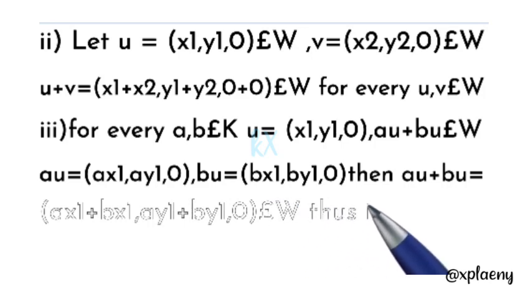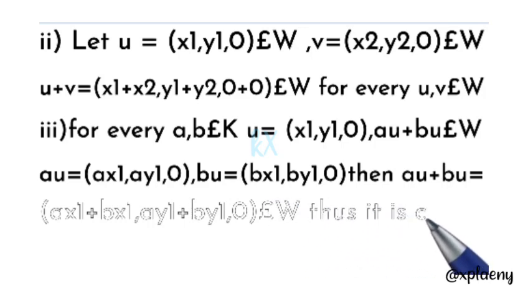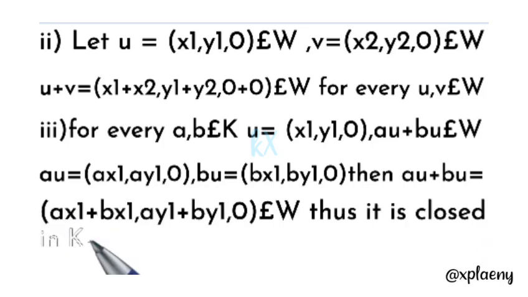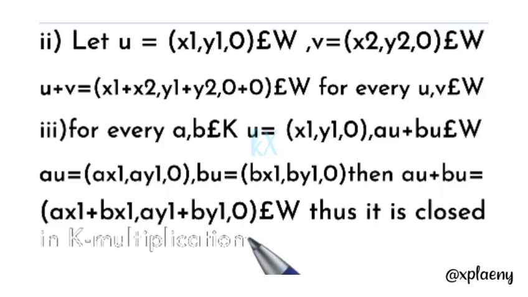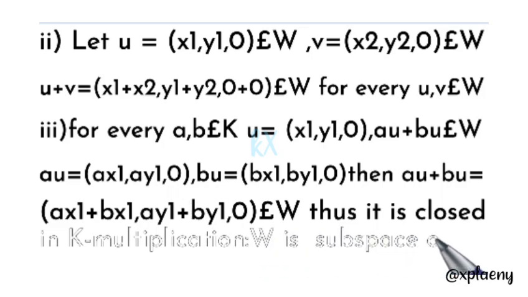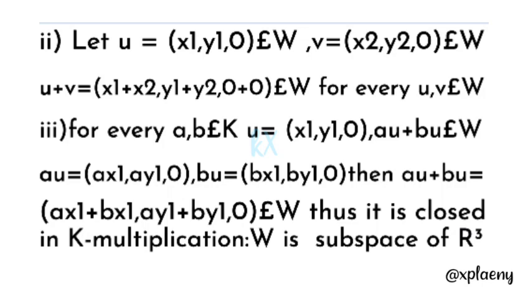Then bu is also bx1, by1, 0. So adding these two together, they must also give you a 3-dimensional Euclidean space. As we can see now, we have ax1 plus bx1, ay1 plus by1, 0. So we can see it is also 3-dimensional. So it is closed under scalar multiplication also.